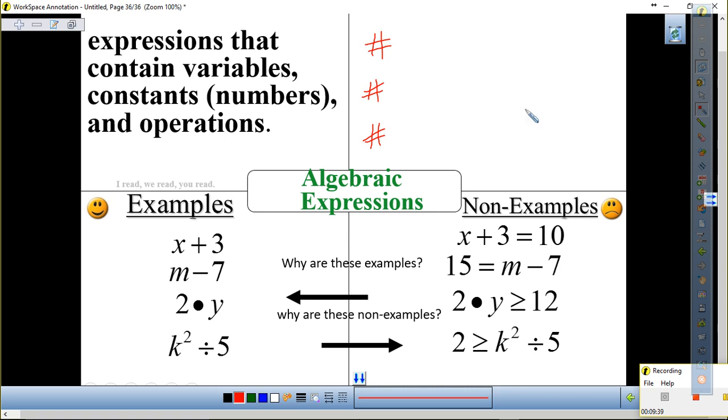Jesus, hashtag what? Hashtag expressions. Okay. Gerard, hashtag what? Constants. Julian, hashtag what? No equations or inequalities. That's pretty good, right? All right.